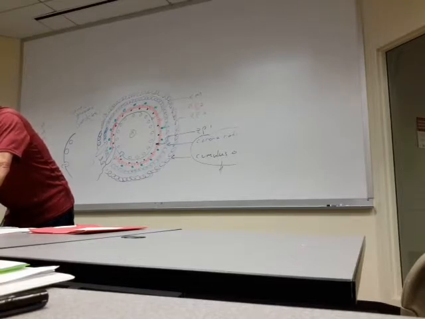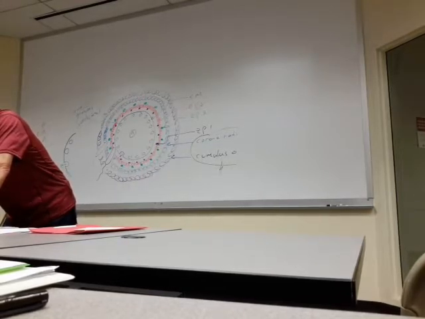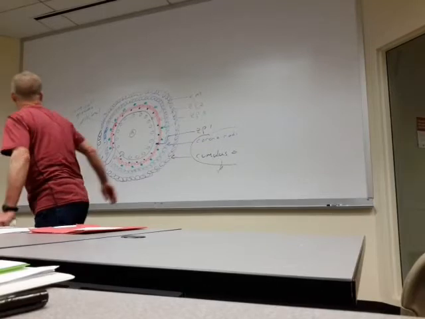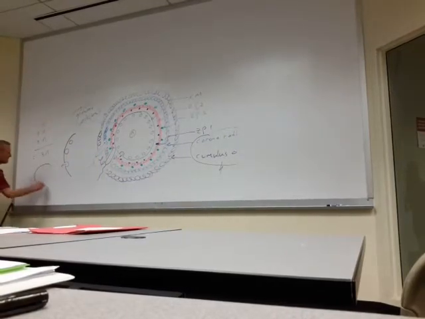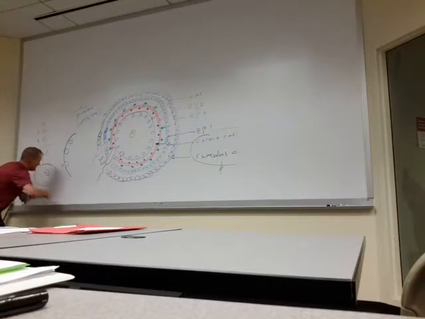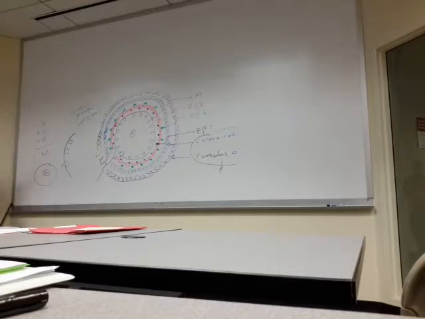So the baby's born with some initial immunity, and then antibodies will continue to be received through the breast milk. But this cell that we have here, that cell has everything in there.